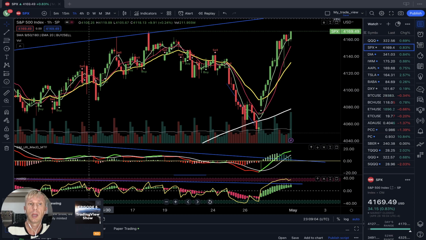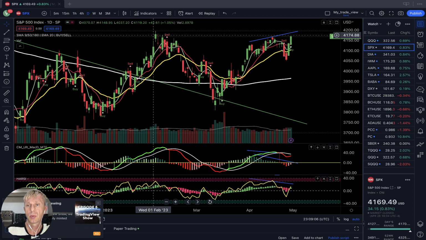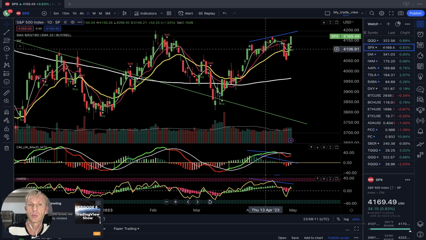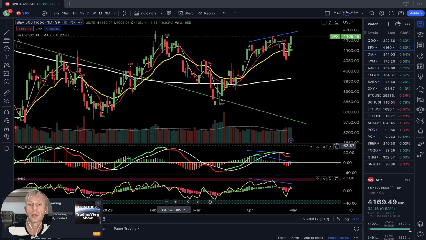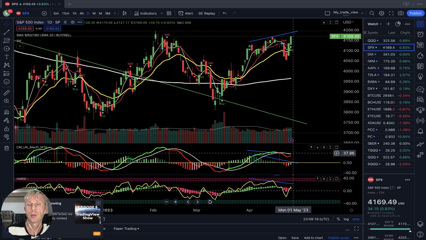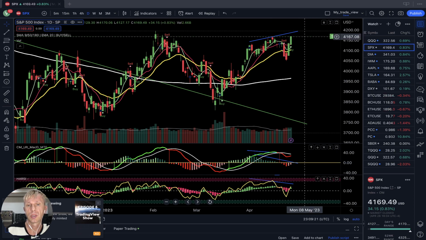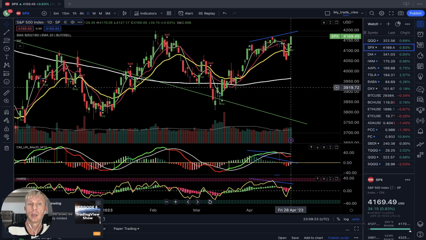Let me show you on daily what it can do. This price action, it definitely can test this price level around 4200. Will build bearish divergences, and it will do correction after that. It will be a sell off after that test.